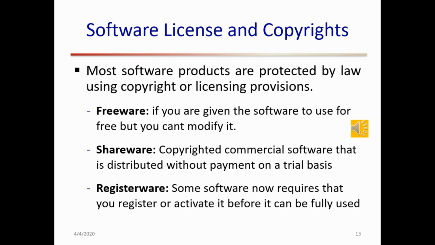So you can take it also for free, but you will try it for a certain period of time. After finishing this period, you have to buy the license. The registerware license is for software that requires you to register or to activate it before you can use it fully.